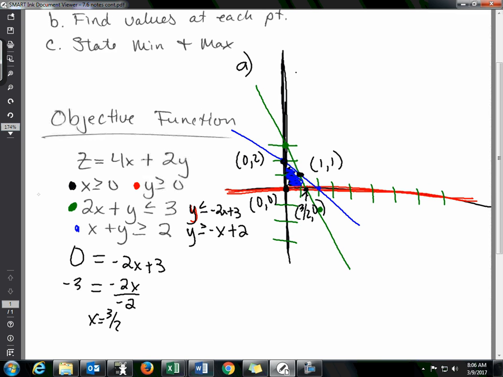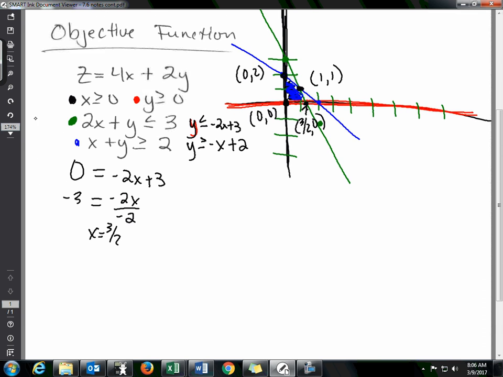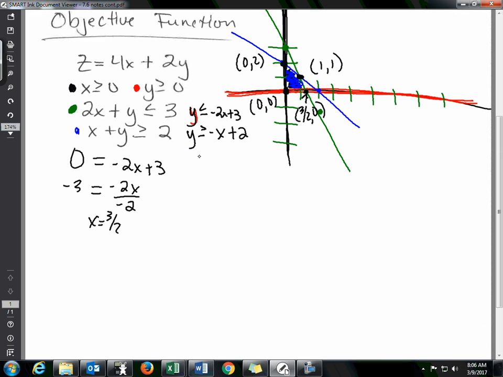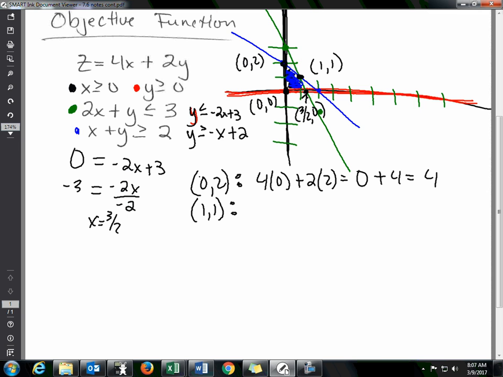Part B, find the values at each point. Okay, so I have my 4 points, right? And then I have my objective function, my z equals. So I'm just going to pick a point. So 0, 2. At that point, remember, you plug those values in for your x and y and just solve, right? So 4 times 0 plus 2 times 2. Well, that's 0 plus 4, which equals 4. Right? And then at 1, 1, you have 4 times 1 plus 2 times 1.